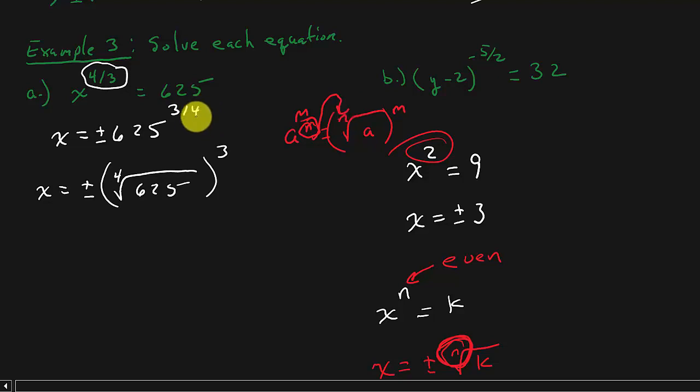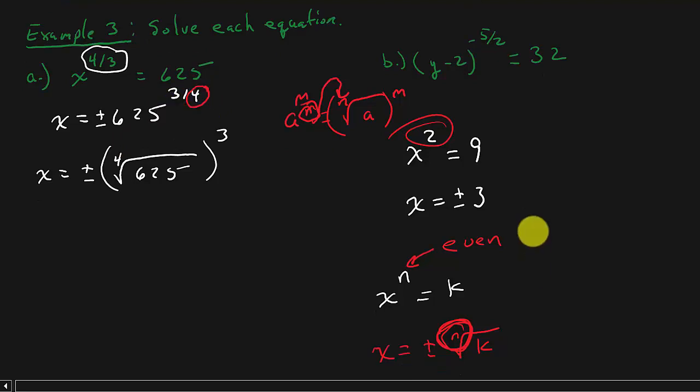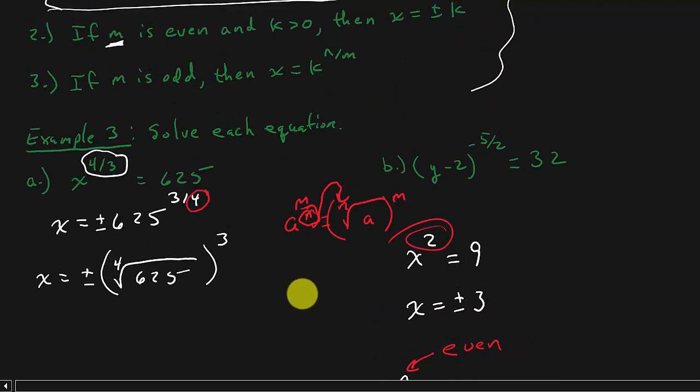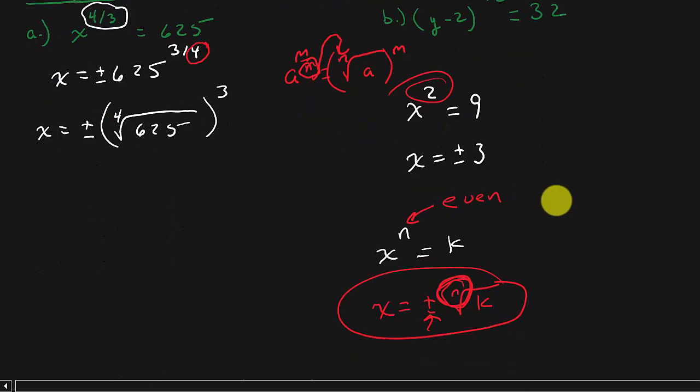So this denominator, okay, is the index of your radical. So remember, if the index is even, you've got the plus or minus in front. Okay? If it's odd, just like this says up here, you don't have to worry about plus or minus. Okay?